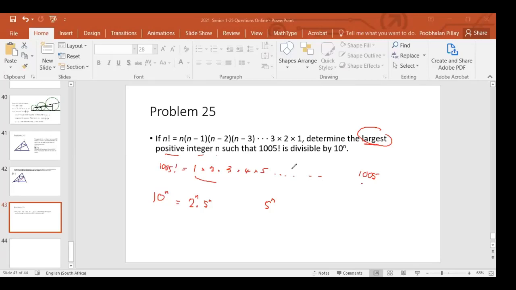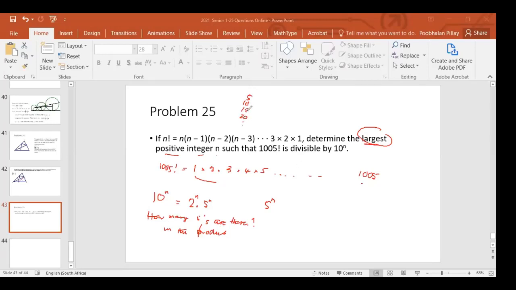Well, that involves a bit of counting. So the question is, how many 5s are there in this product? Let's answer that question. Later on, we'll take care of the 2s. So you must take out the largest possible power of 5. Now we can start counting them. You've got 5, 10, 15, 20.